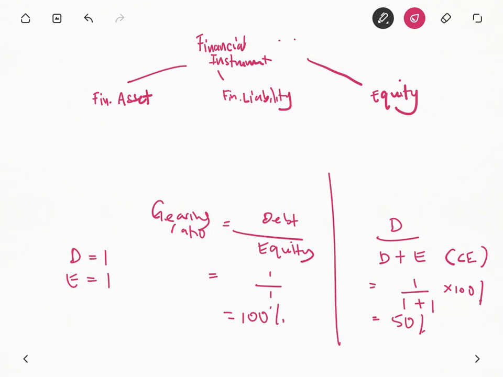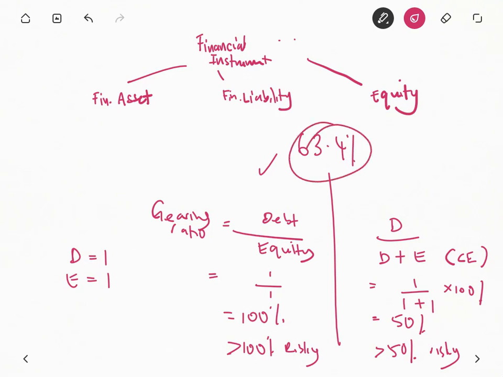So different formula will give different results. So our interpretation is, if we use this formula, gearing ratio that is more than 100% is considered risky. Normally, we put it this way. But if we use this formula, more than 50% is considered risky. Okay? So if I ask you, my gearing ratio is 63.4%. High risk or low risk?